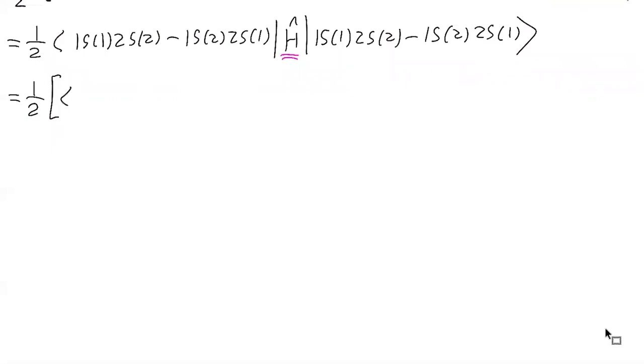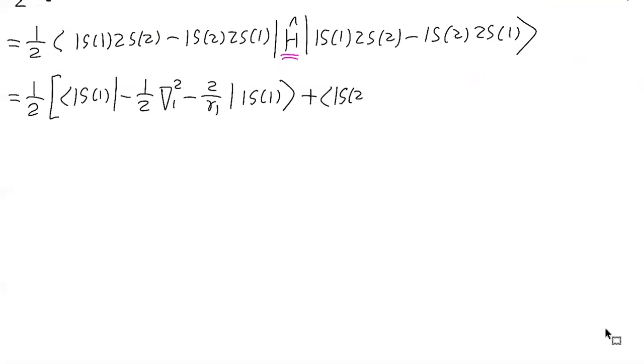So you will have 1s1 negative 1 over 2 Laplacian minus 2 over R1, 1s1, right? You will also have another term, 1s2 negative 1 over 2 Laplacian for the second electron, 1s2. Okay, this is the first term.